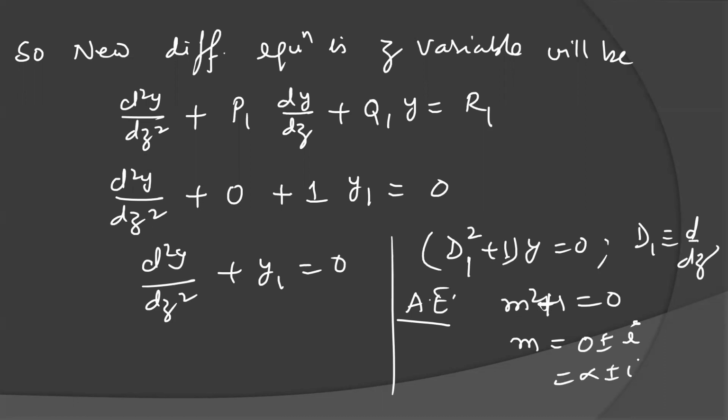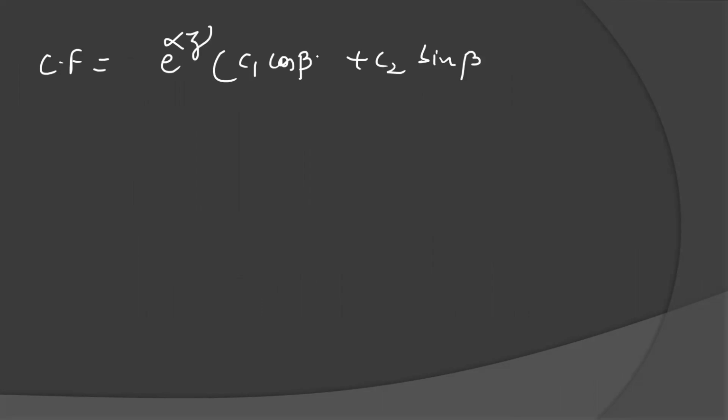We can compare with alpha plus minus i beta: alpha equals 0, beta equals 1. So the complementary function is written as e to the power alpha z, times (c1 cos beta z plus c2 sin beta z). The variable here is z. Put the values of alpha and beta. Alpha is 0, so it becomes 1. Beta is 1, so it becomes c1 cos z plus c2 sin z.